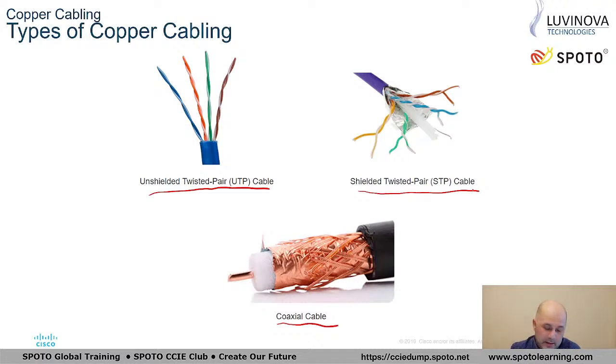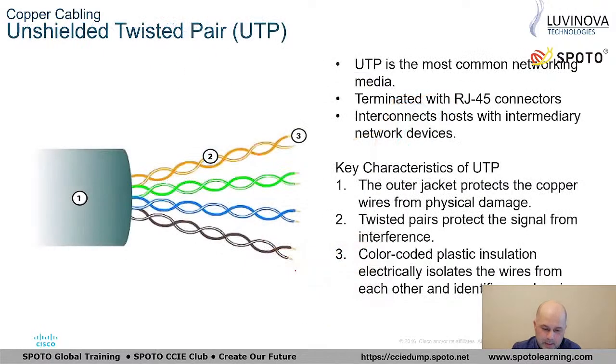As I already said, we have a copper core here. Then we have thick plastic insulation, and we have a metal fence, which prevents electromagnetic distortion from getting in and distorting the signal. Unshielded twisted pair has 8 separate wires which are twisted by 2.